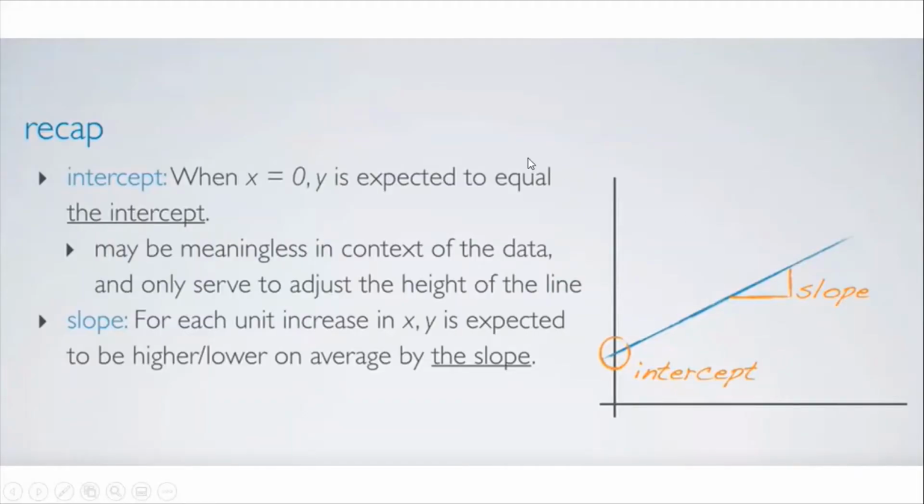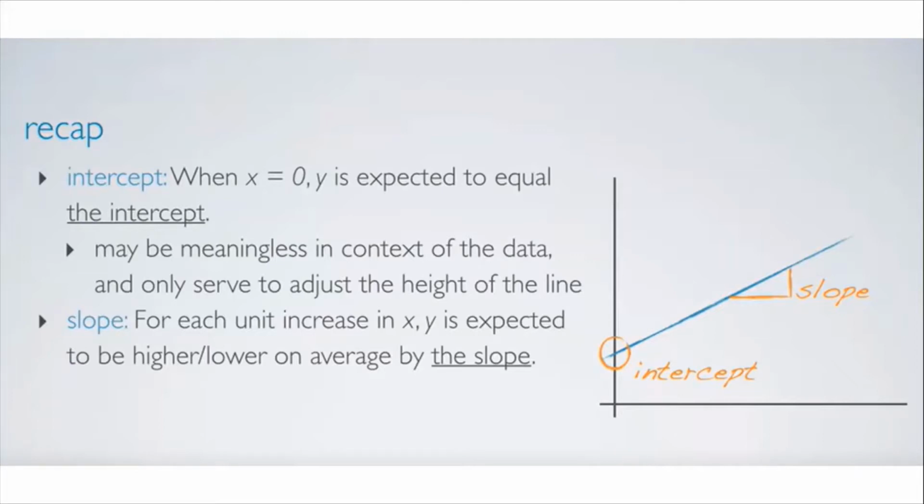So today we talked about correlation, and then we discussed what a residual is. Residuals are errors, which are the difference between the observed value of y and the predicted value of y.